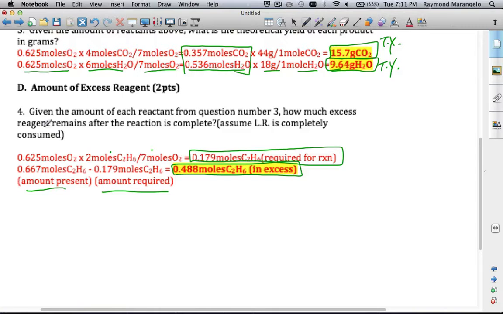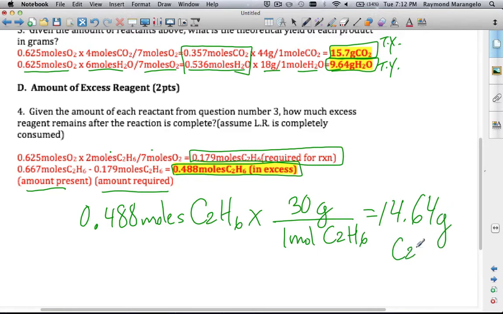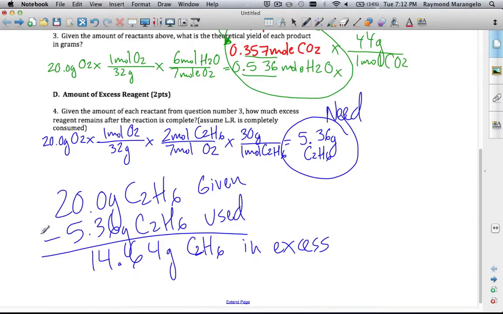Well, that is the same, it's just different numbers. 0.488 moles of C2H6 times 30 grams for every 1 mole of C2H6, let's make sure that 0.488 times 30 is 14.64 grams of C2H6. The exact same number that I get right there, 14.64.